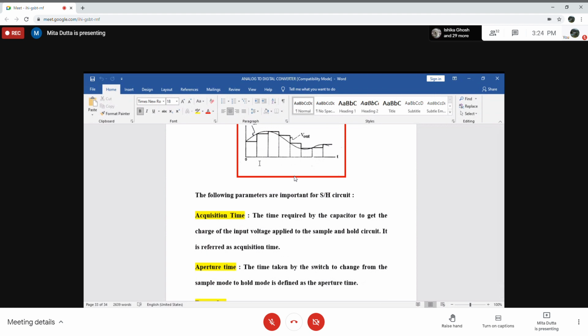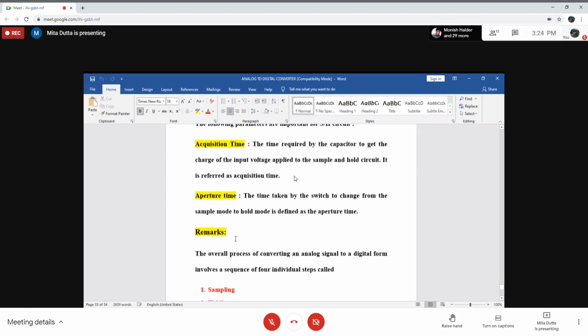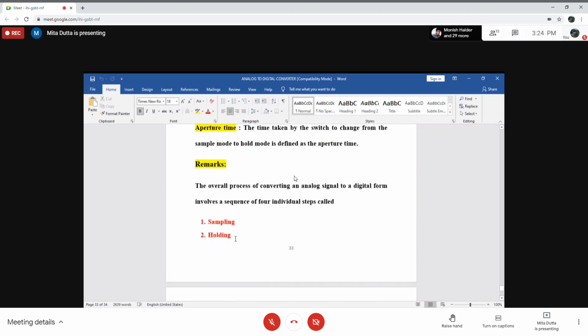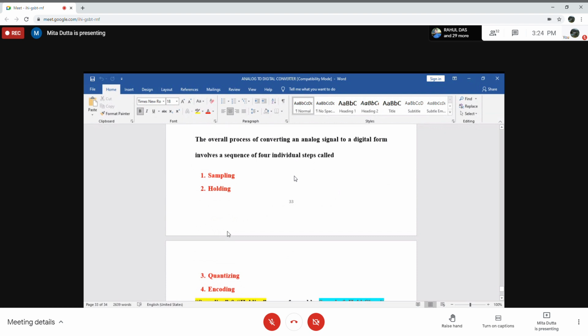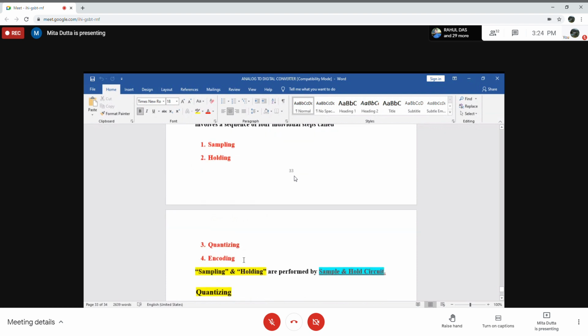This can be done by the A to D converter, and then we do encoding. Encoding means representing the quantized levels in digital form. So the analog voltage is completely transformed into digital form by using three steps: sampling and holding, which is performed by the sample and hold amplifier, quantizing and encoding.